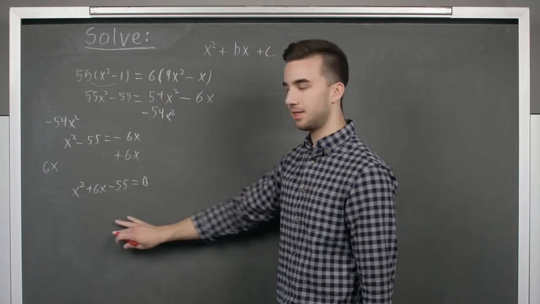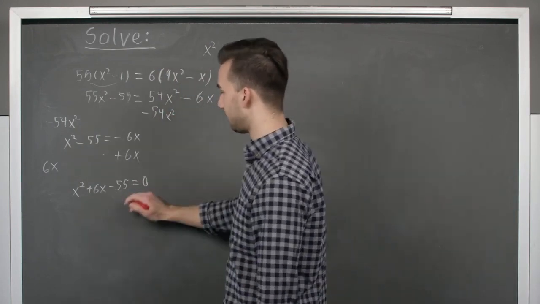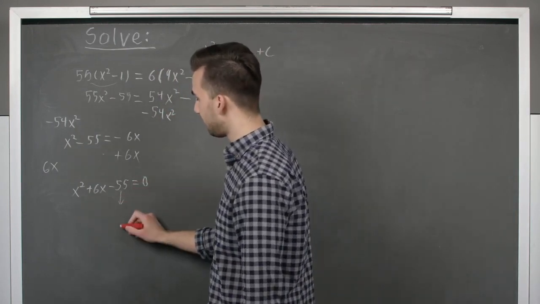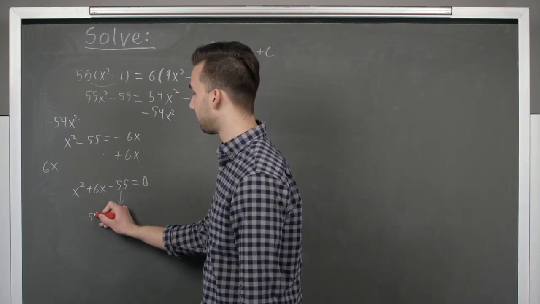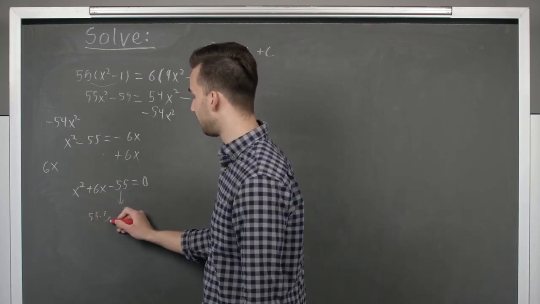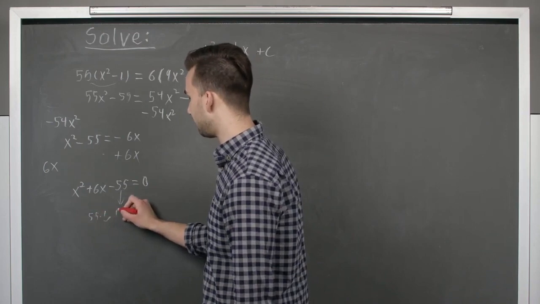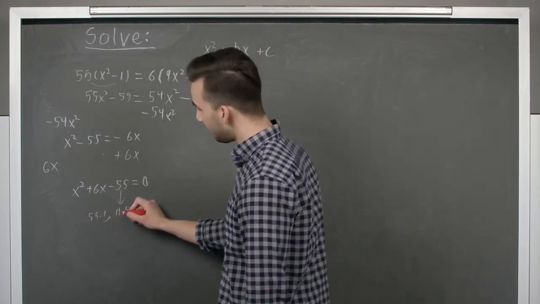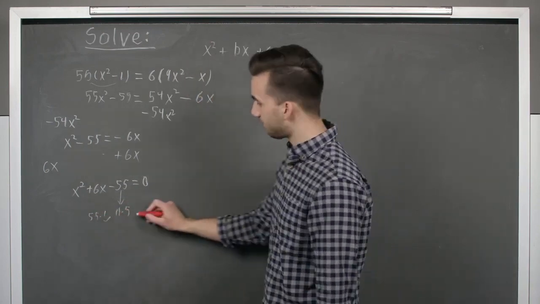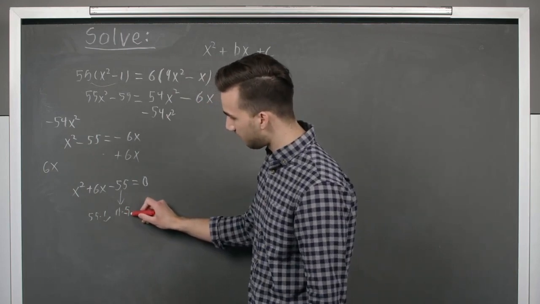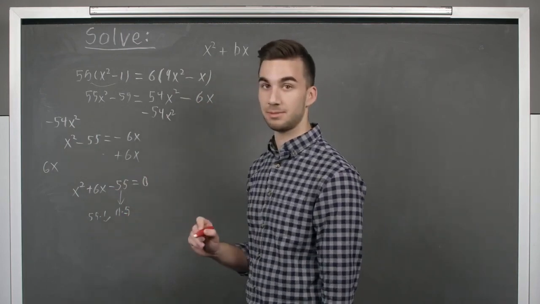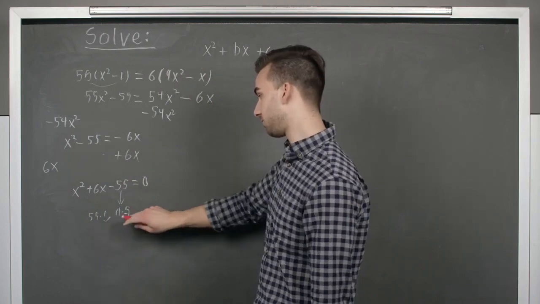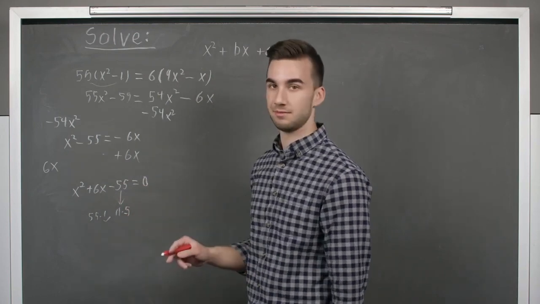And now we can just factor this by finding factors of 55, and that is 55 and 1, and then 11 times 5. And it looks like if we subtract 5 from 11, that will give us positive 6. And if we multiply those, it'll give us a negative 55.